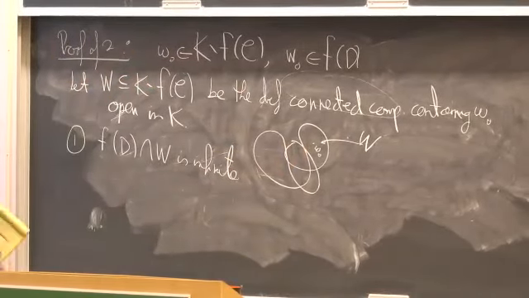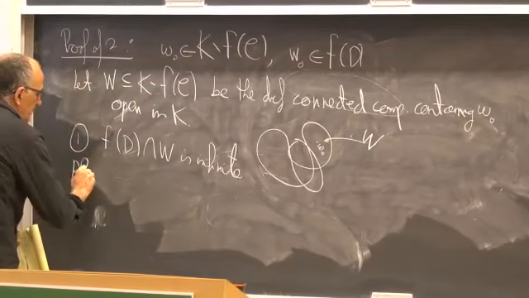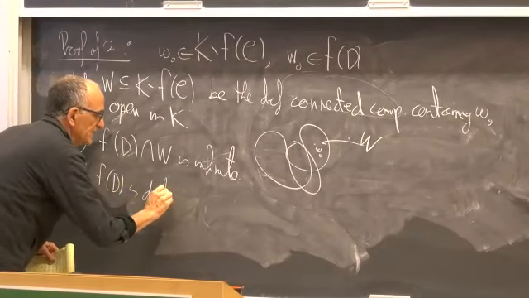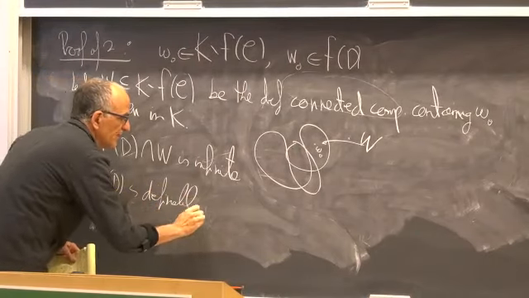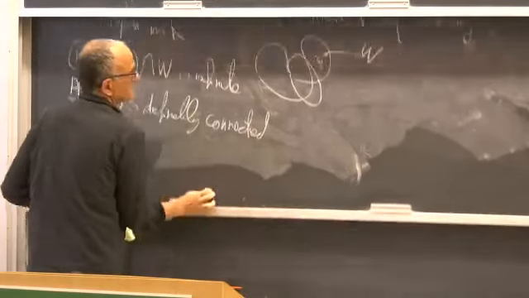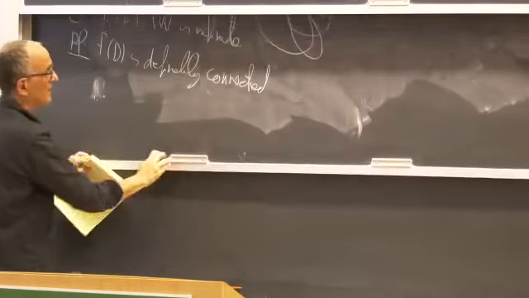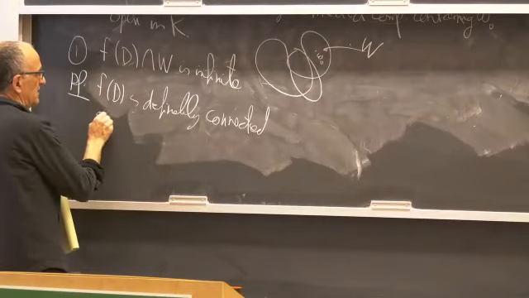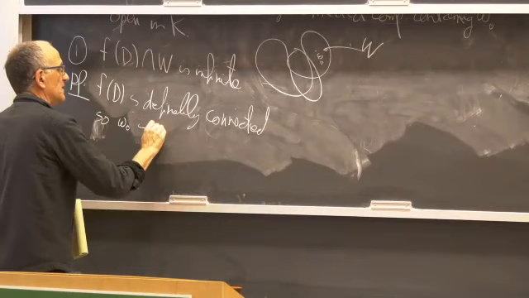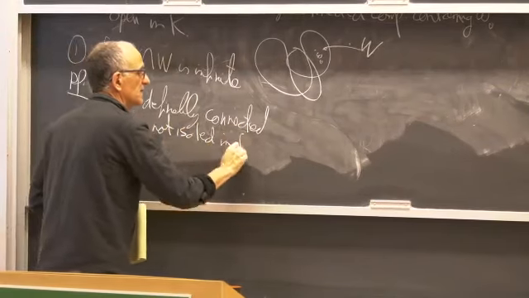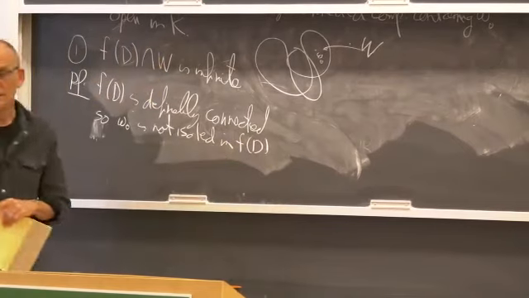Why? Because f of d is definably connected, because d is definably connected. So W0 cannot be an isolated point of f of d.